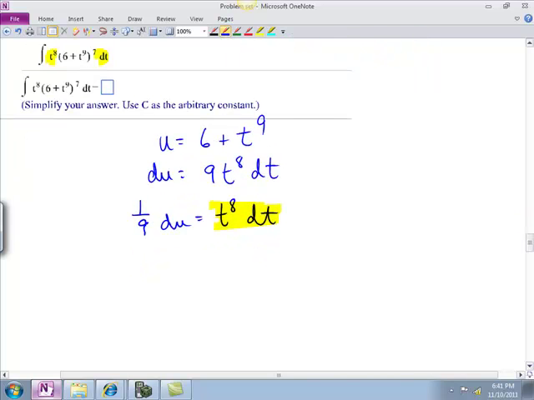Is that getting better? At least figuring out what u is and du and being able to rewrite. That's good. All right, so we're going to rewrite, and we're going to have 1/9 times the integral of u to the 7th. You know, I said 7 and wrote a 4.